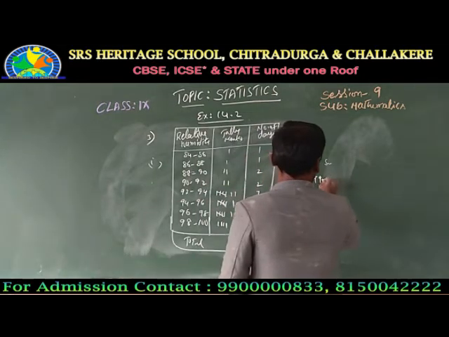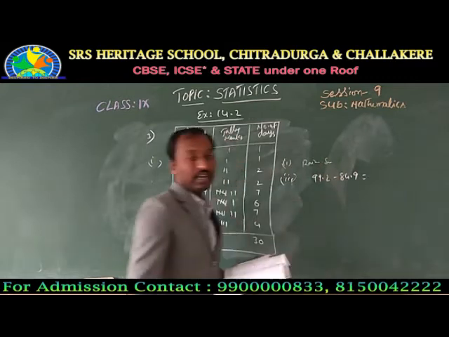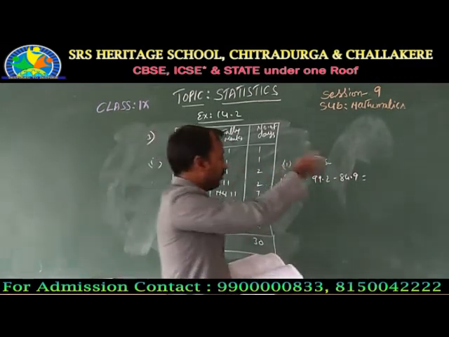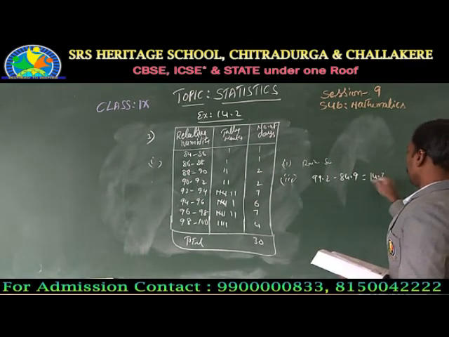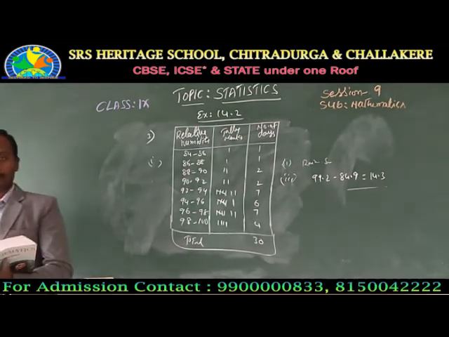So 99.2 minus 84.9. What is the difference between them? Subtract it. 14.3. This is the range of the given data.